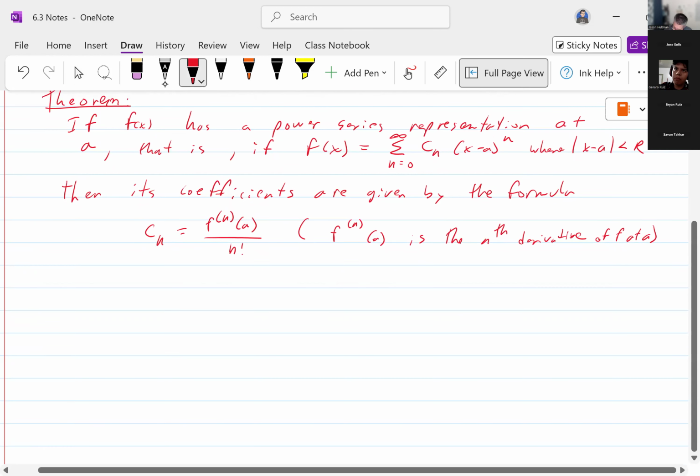Okay, so if we have this power series, n equals 0 to infinity of c sub n times x minus a to the nth power, that's my power series.